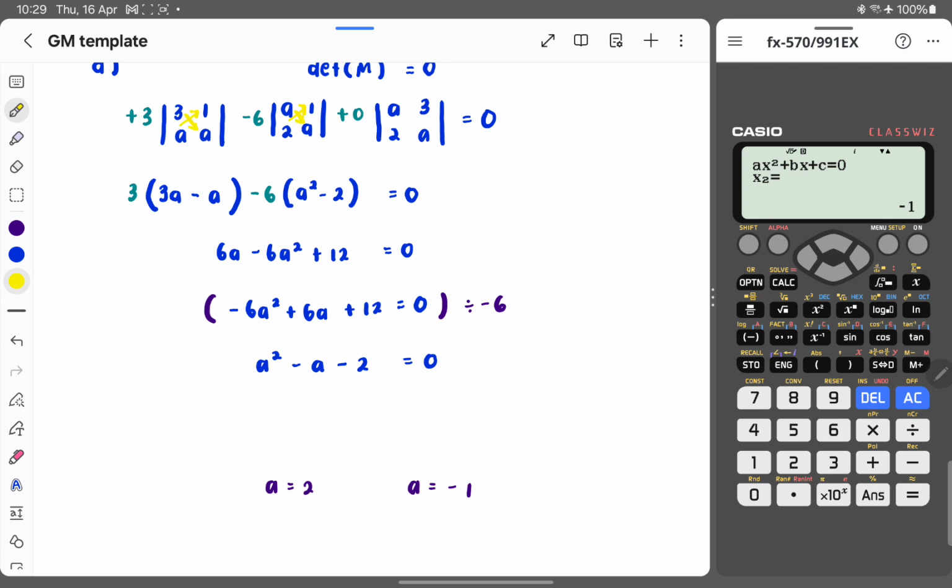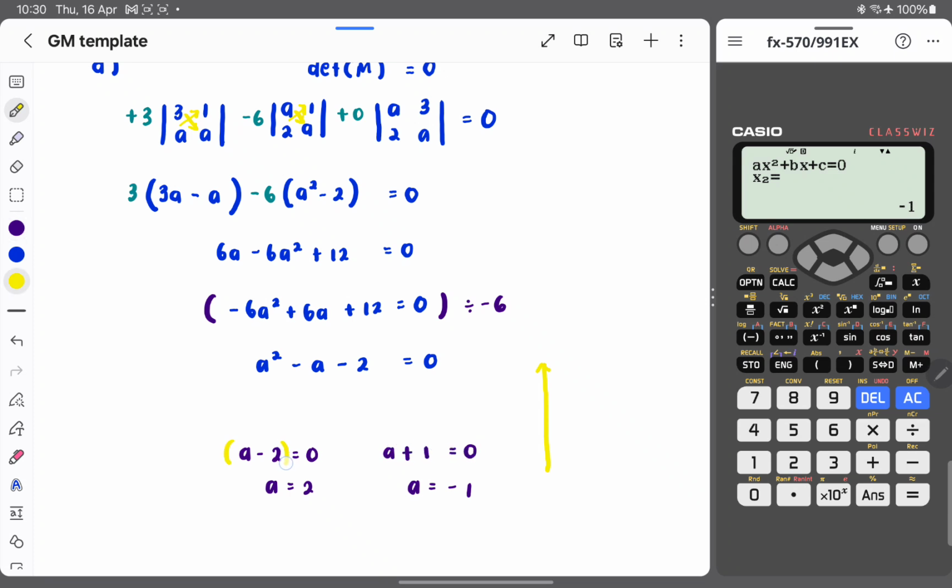Why do we have a bit of space here? Because we want to show our working. We'll work our way up. We're going to rearrange our answers such that they equate to 0. So here will be A minus 2 equals 0, and here it will be A plus 1 equals 0.